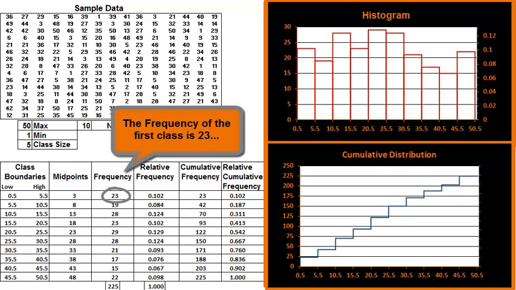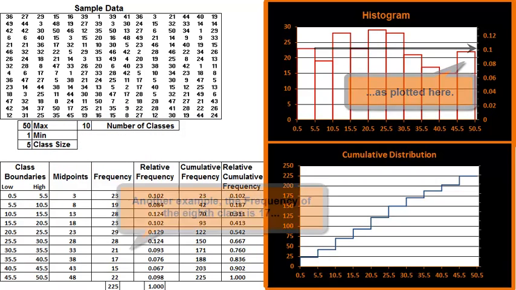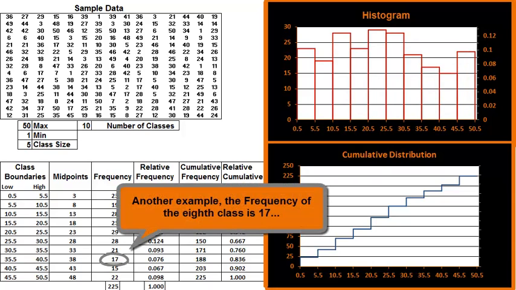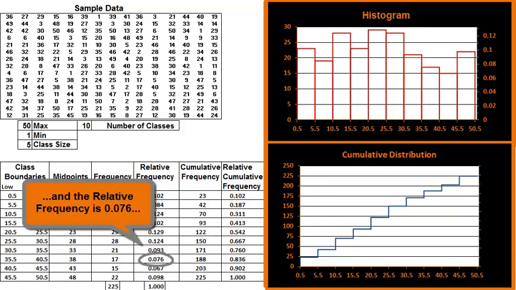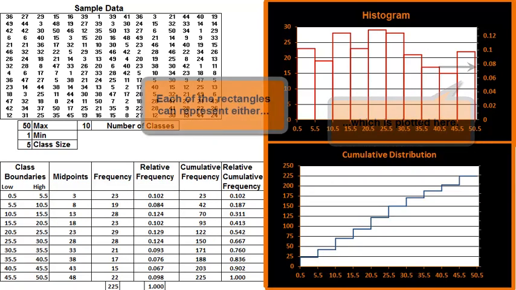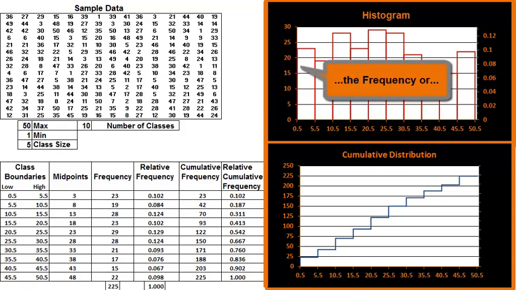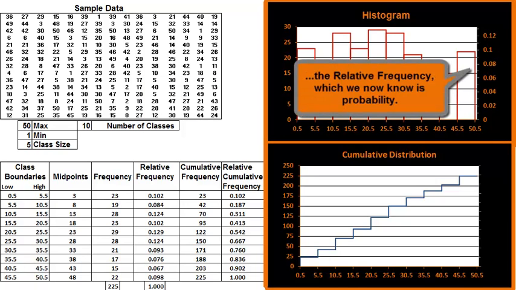The frequency of the first class is 23, but the relative frequency is 0.102, as plotted here. Another example, the frequency of the 8th class is 17, and the relative frequency is 0.076, which is plotted here.